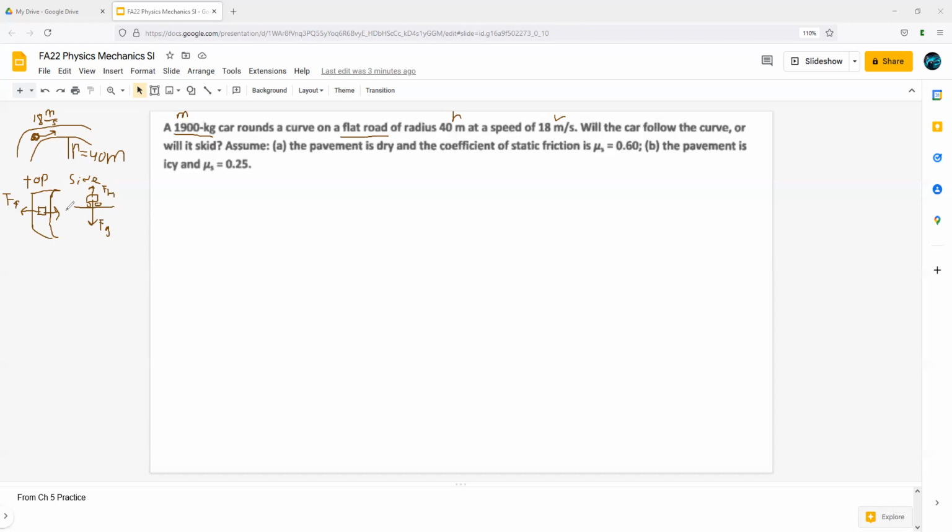Actually, no. You only have force friction here. And the reason for that is because centripetal acceleration is not a real force.